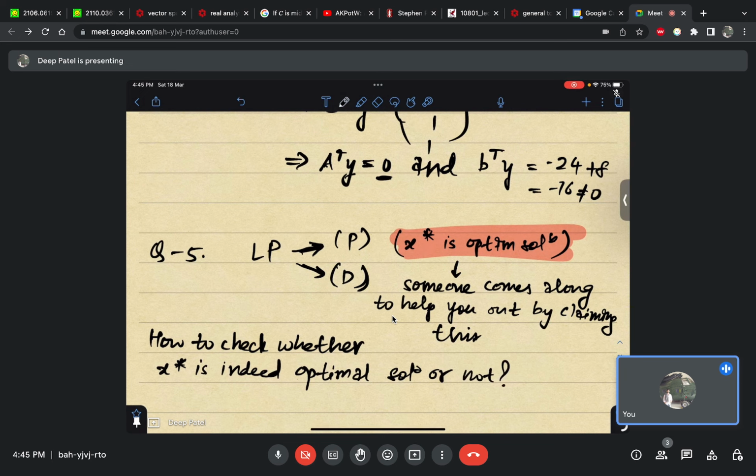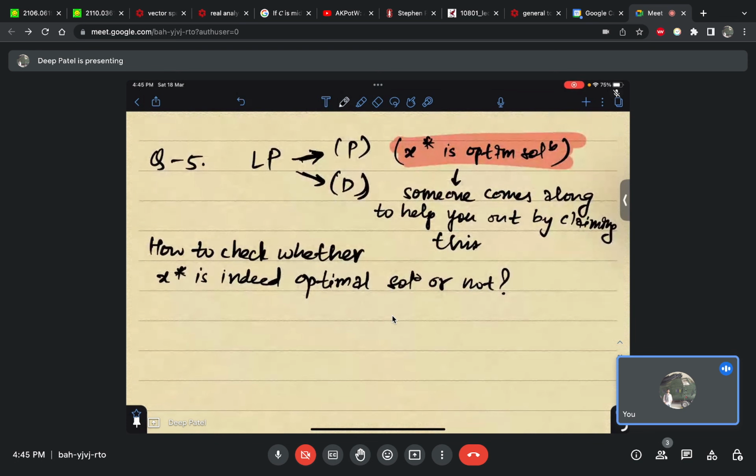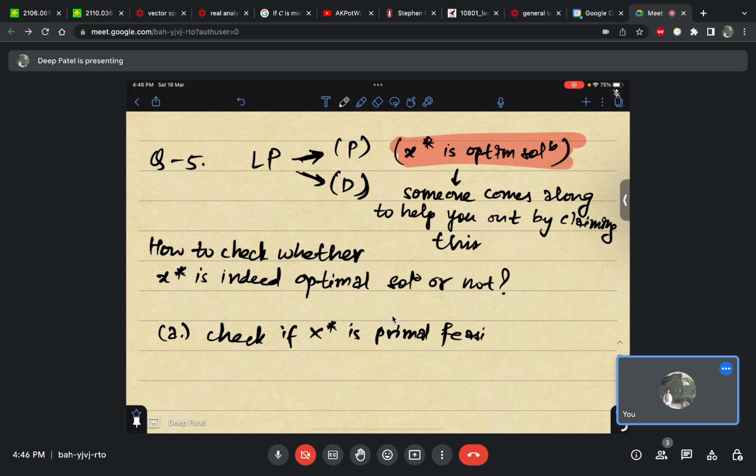So any thoughts? What all things do we need to check? This is just from the definition of primal and dual problems, right? You need to check feasibility first: check if X star is primal feasible. You are right. Then anything else? Yeah, the complementary slackness equations. Can you elaborate a bit?